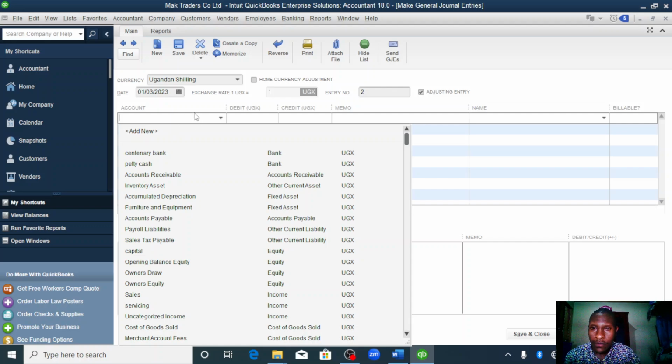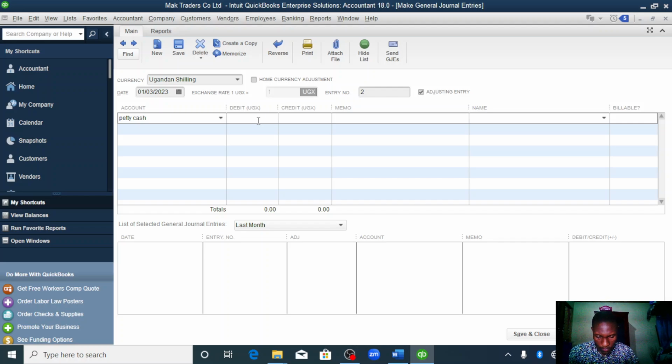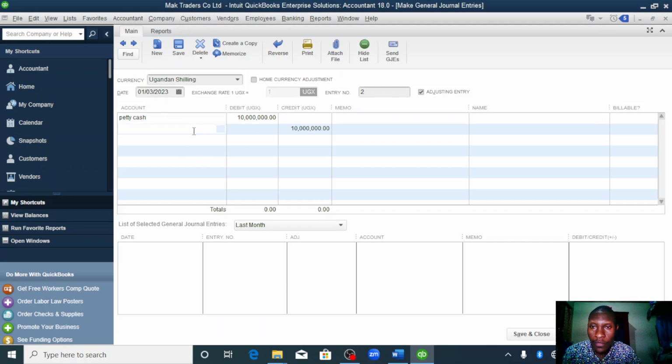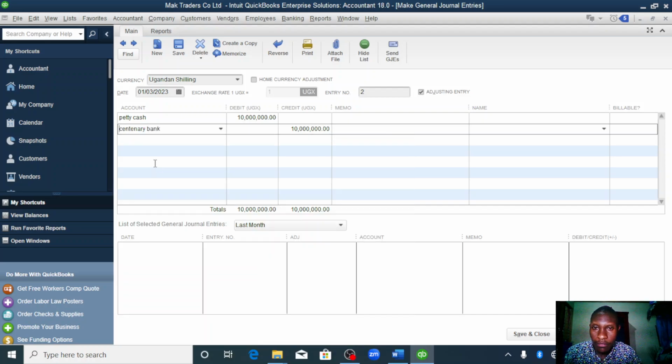That means we shall debit cash account, actually petty cash, with 10 millions. Then we credit with our Centenary bank. It's 10 millions.